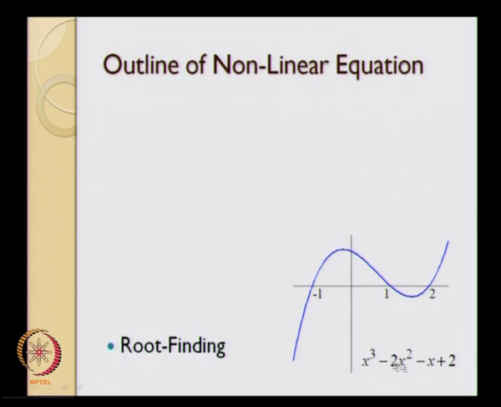So for example, this equation can also be written as (x minus 1) multiplied by (x minus 2) multiplied by (x plus 1), that is the expansion of this equation. And so x equal to minus 1, x equal to plus 1, and x equal to plus 2 are going to be all the three values of x that satisfy this equation equal to 0.